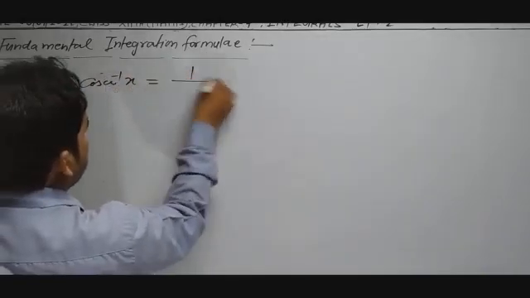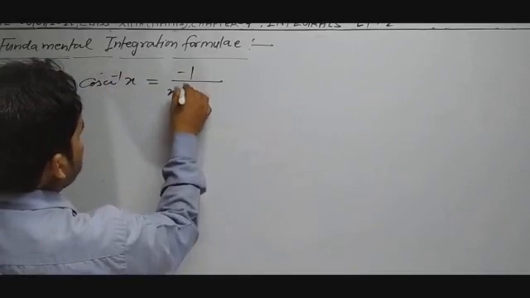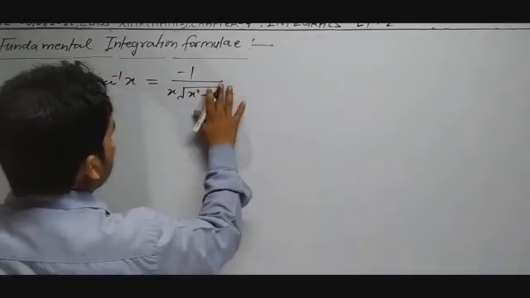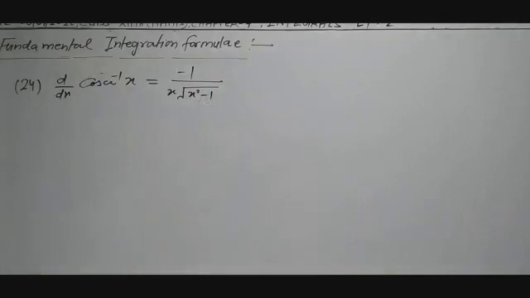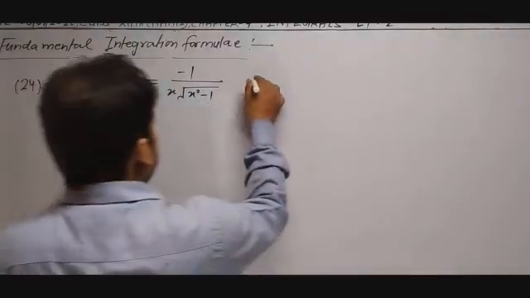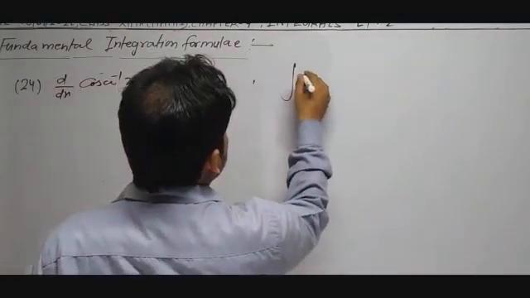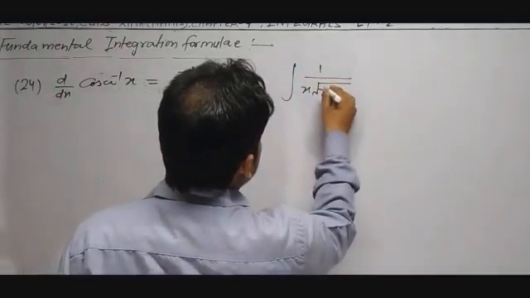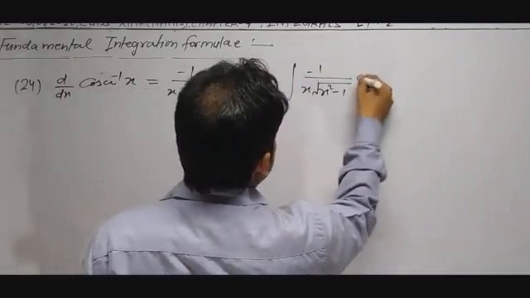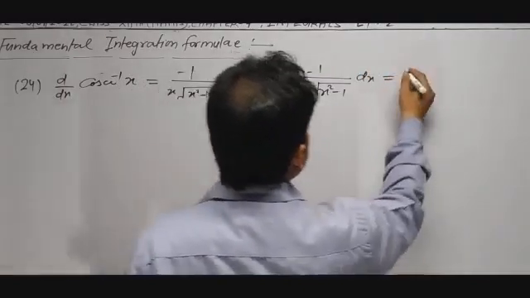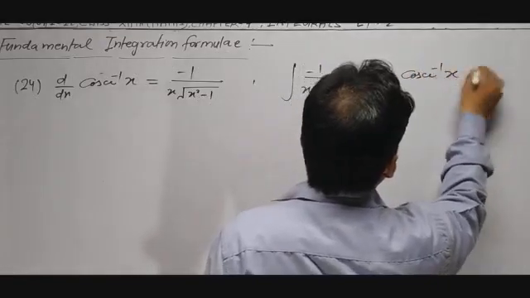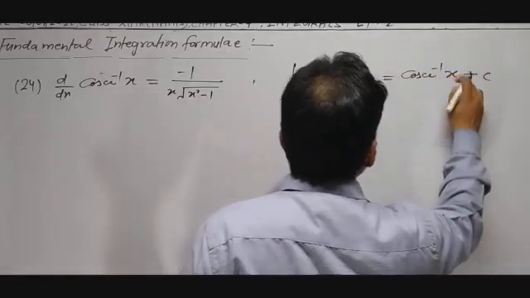Its result is minus 1 upon x root over x square minus 1. So now its antiderivative, integration of minus 1 upon x root over x square minus 1 dx is equal to cosec inverse x plus c.